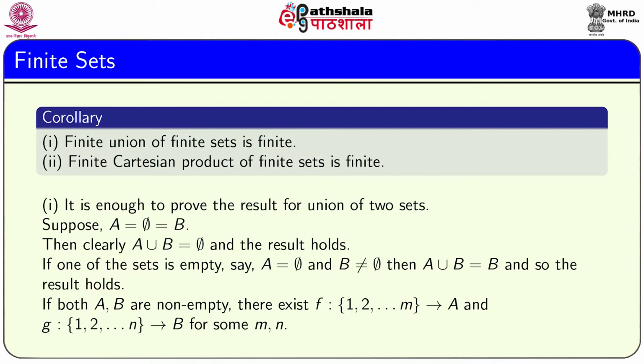Finally, as a consequence of this result, we have that finite union of finite sets is finite, and finite Cartesian product of finite sets is also finite. Now, to establish that finite union of finite sets is finite, it is enough to prove the result for two sets.